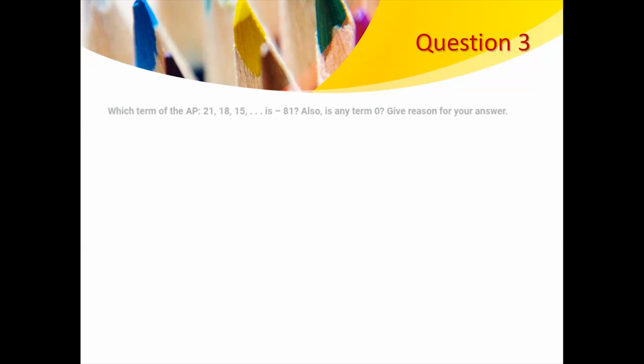Next question. Which term of the AP 21, 18, 15 and so on is minus 81? So I have to tell which term of this AP will be minus 81, and is there any term 0 in the AP? Give reason for your answer. So again, first term 21, common difference minus 3.